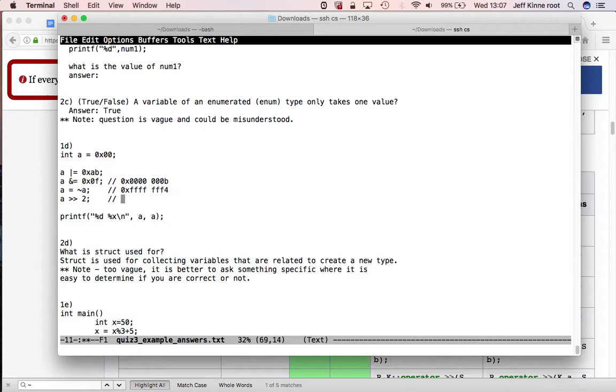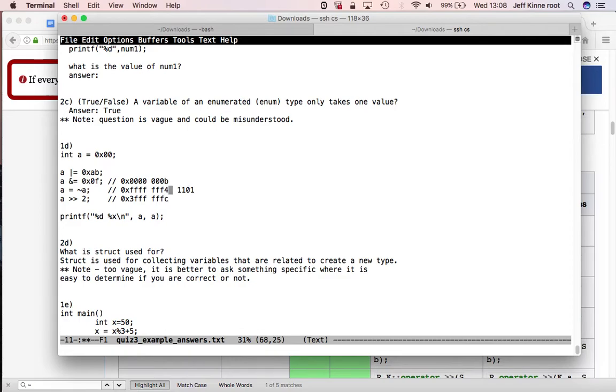Then if we shift by 2, we're going to have 0x. 2 of these bits are shifted over, so we'll have 3, FF, F, FF, F. And here we had the 4 was 0, 0, 0, 1, 0, 0. These 2 get chopped off, and we still have these 2 with 2 bits from that F. So this is what?